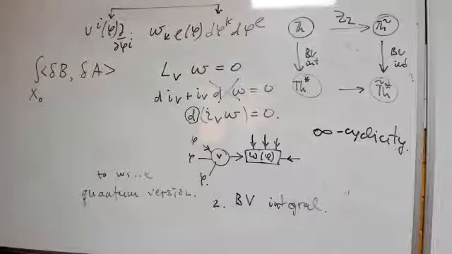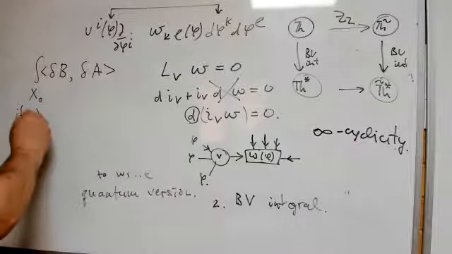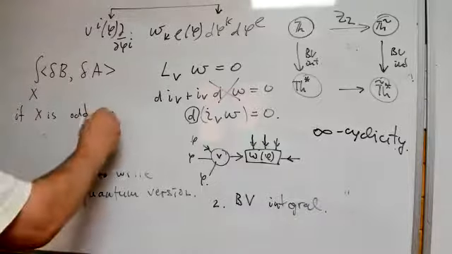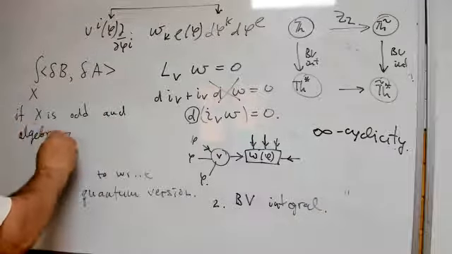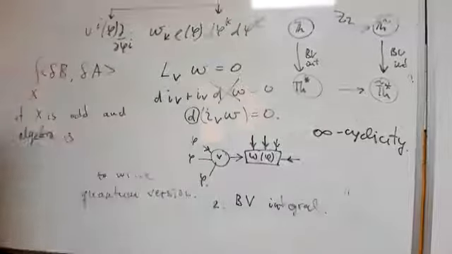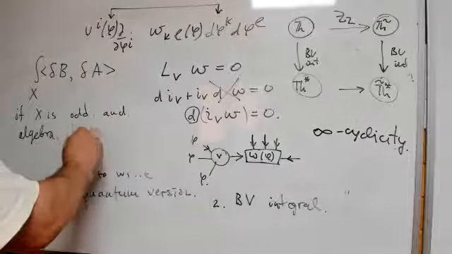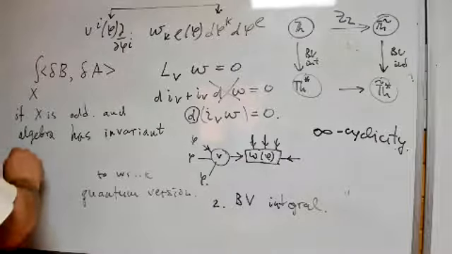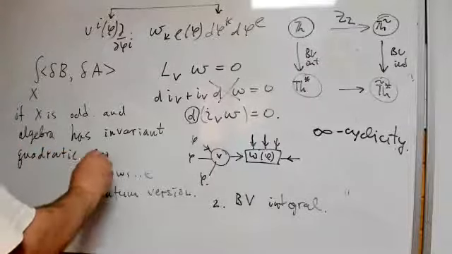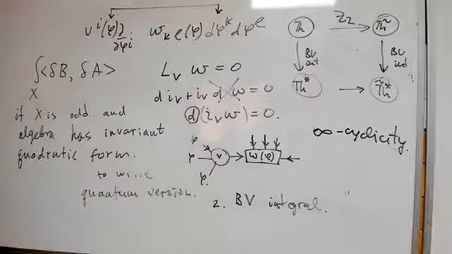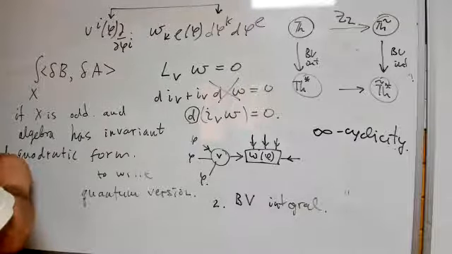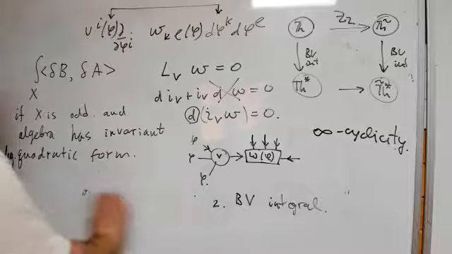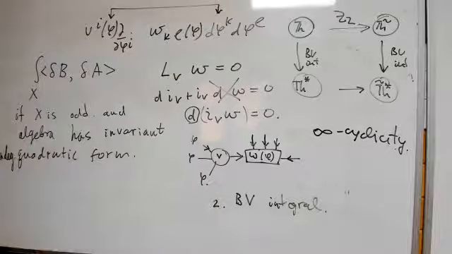However, if X is odd, and the algebra has an invariant non-degenerate quadratic form, like it happens with the simple Lie algebras, the semi-simple, the reductive, okay?